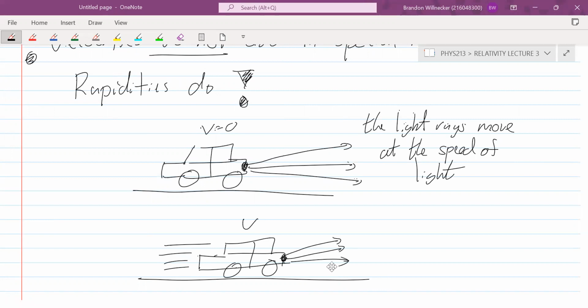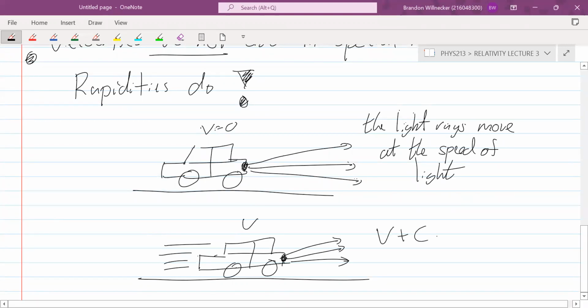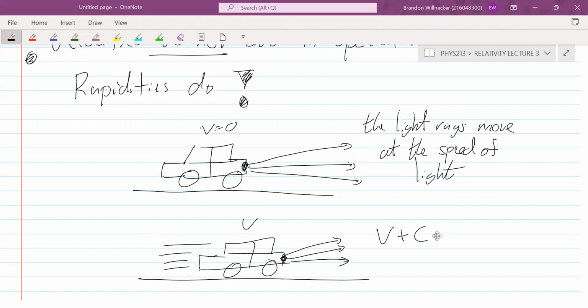Now in the standard Newtonian picture or pre-Einstein picture, we would say that these light rays are now moving at the speed v plus c, because the car is moving at a speed v, and then the light rays move off from the car at speed c. So if we're standing by and we're watching the situation, we would say that the light rays move at v plus c.